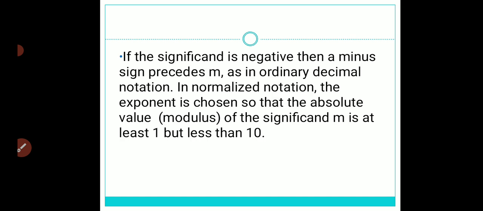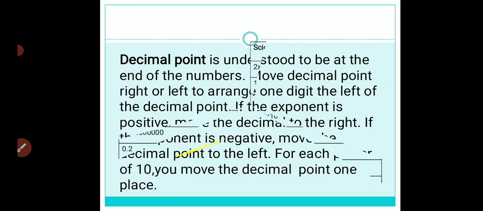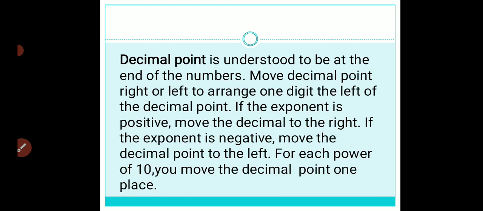In normalized notation, the exponent is chosen so that the absolute value of the significand m is at least 1 but less than 10. The decimal point is understood to be at the end of a number. Move the decimal point to the right or left to arrange one digit to the left of the decimal point.